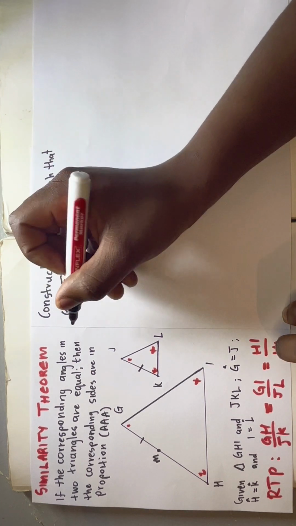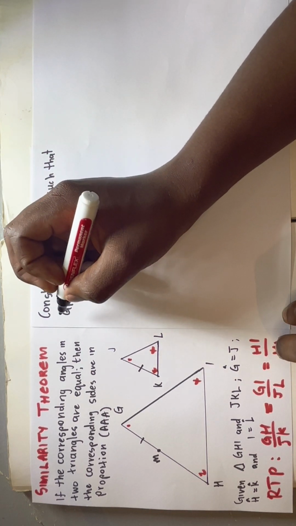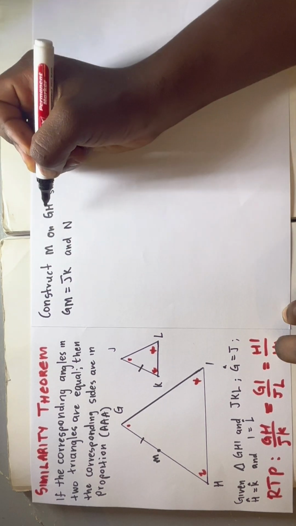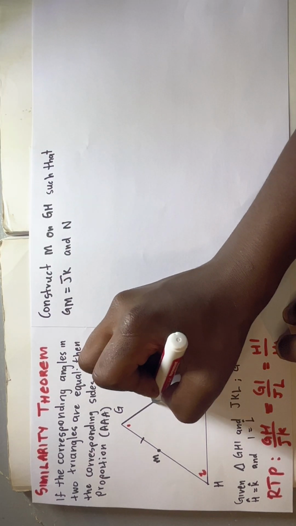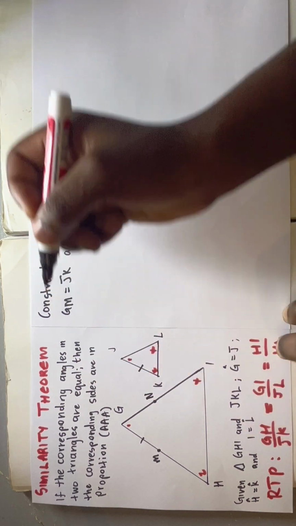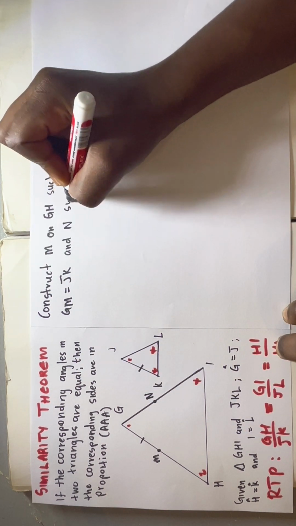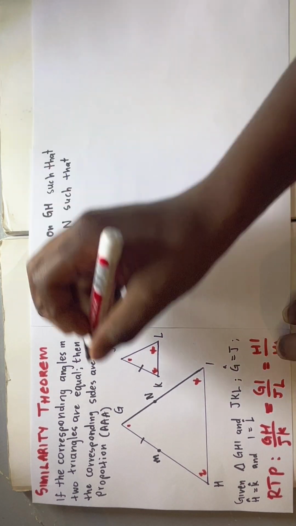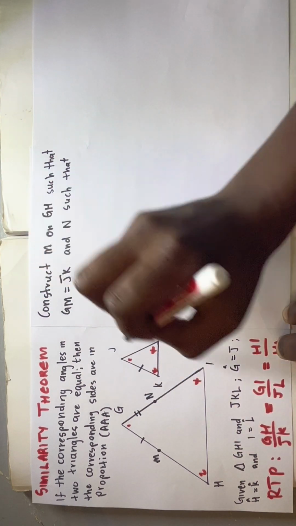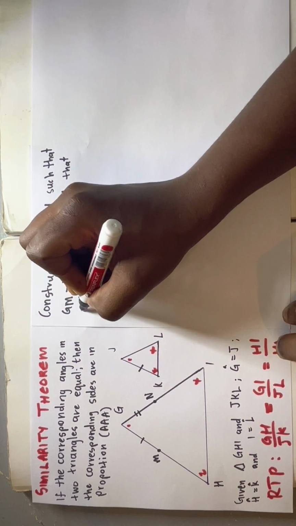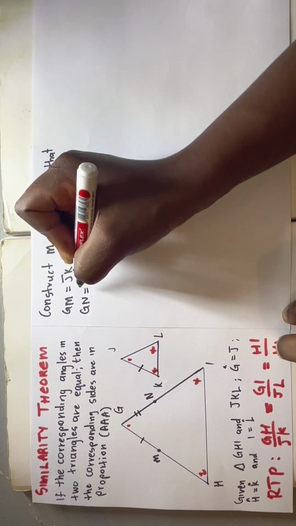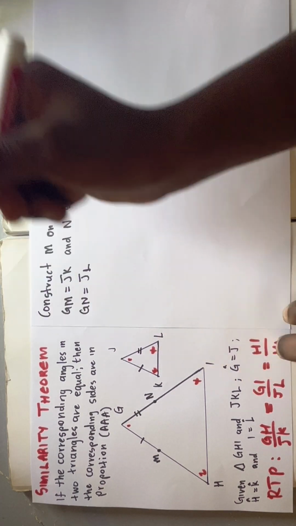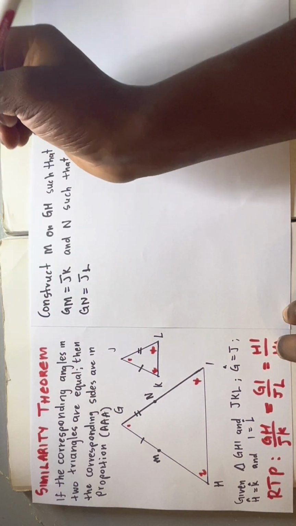And then what else are we going to do? We are also going to construct a point N here, such that GN is equal to JL, so this side is also equal to this side.